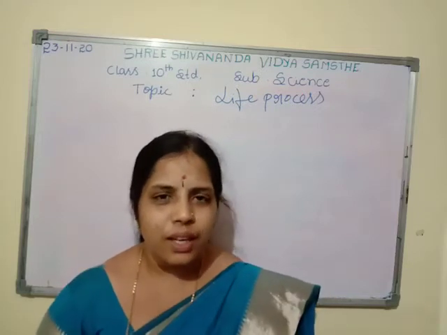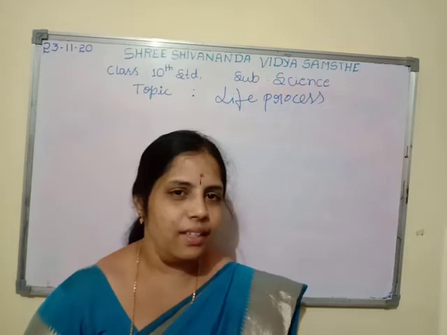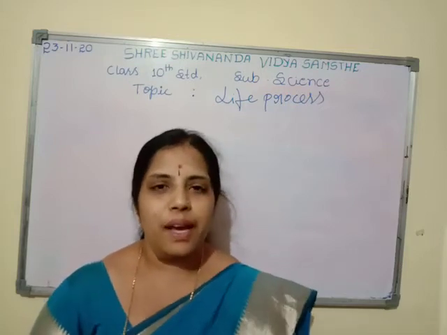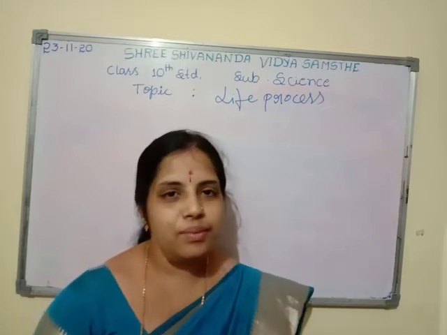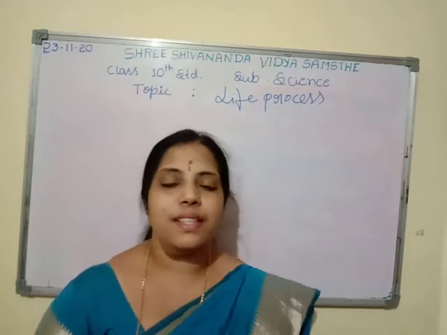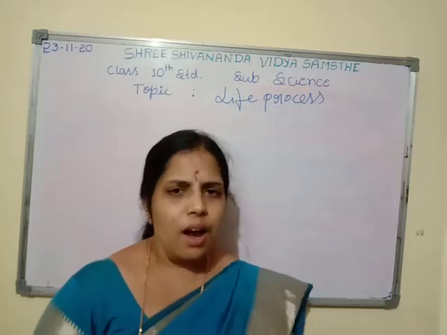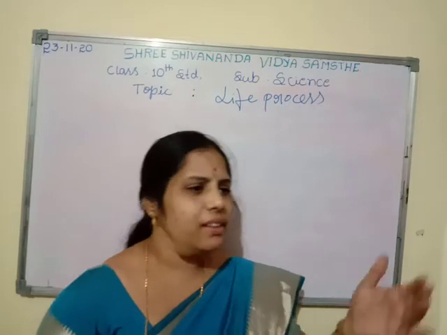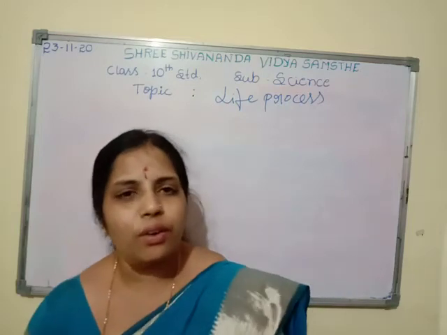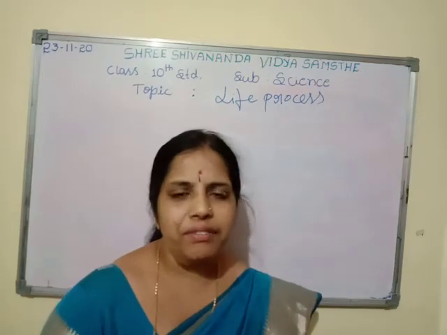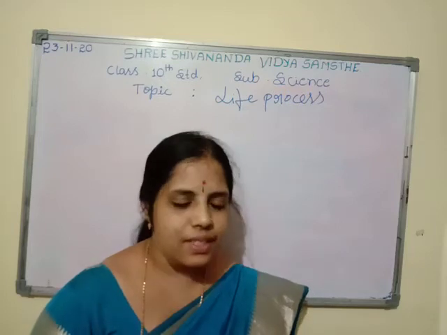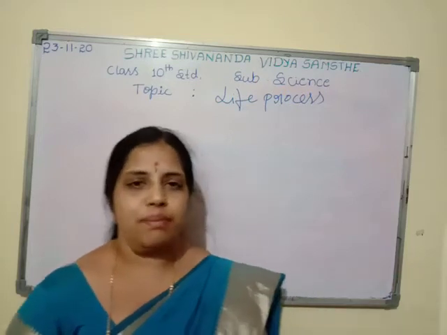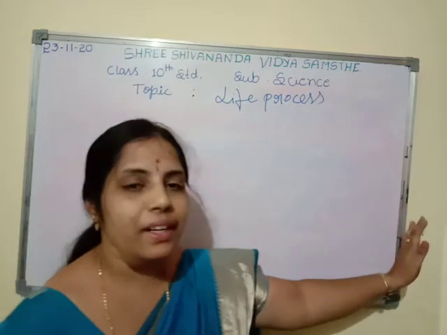So what about living things? Yes, animals, plants, human beings. They are all considered living beings. How can you identify whether something is living or non-living? We can identify this by their movements.